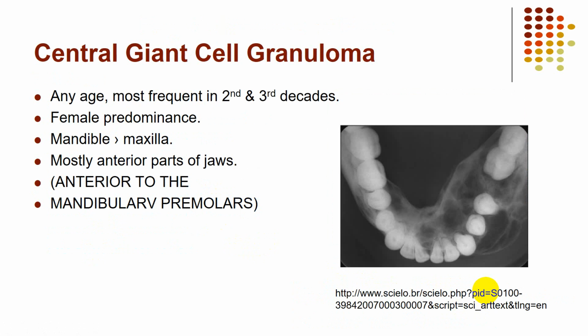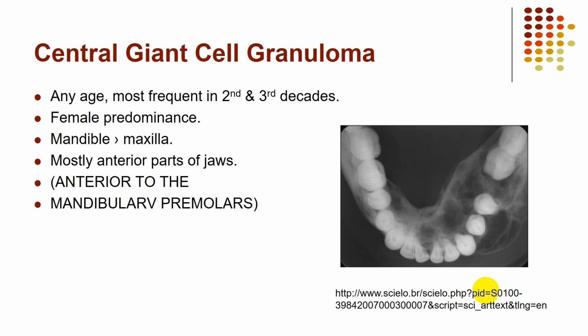Okay, now the second disease; we finished with Paget disease of bone. We'll talk about central giant cell granuloma. Remember the peripheral giant cell granuloma has multinucleated giant cells, and we said it is called peripheral because we have a central counterpart, peripheral occurring in the gingiva or soft tissue and the central occurring in the bone.